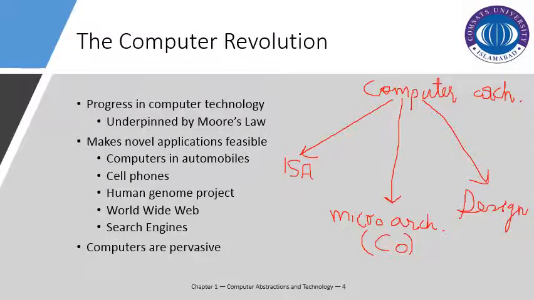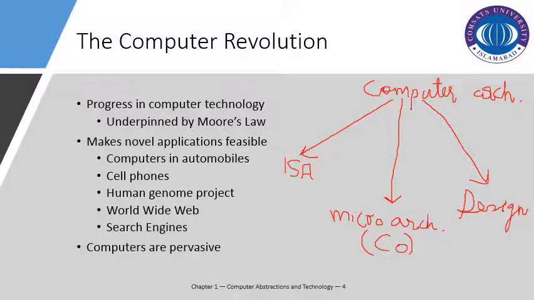So computer architecture basically is a combination of the instruction set architecture that tells the programmers or the designers how to communicate with the hardware, and the microarchitecture, that is particularly the organization, and the digital design that is used to implement that particular hardware component.